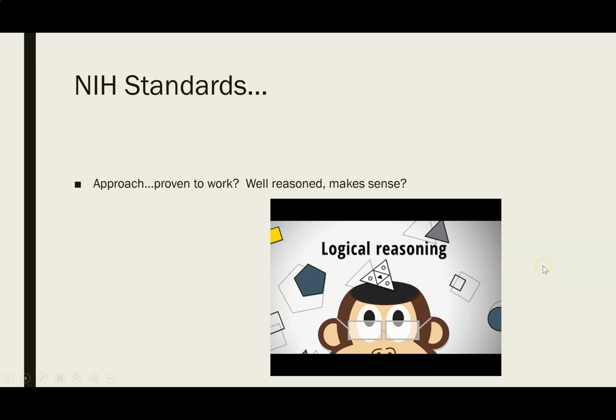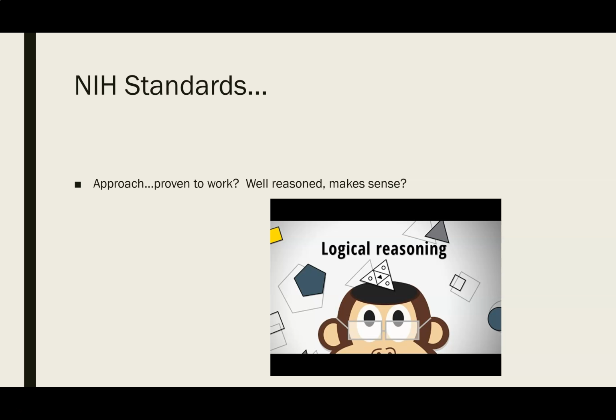The approach that they're looking for, while they want it to be innovative, they also want it to show that it's proven to work. Is it well reasoned? Does it make sense? So for example, one strategy that's proven to be effective is peer education. So if you're dealing with elderly people, you would train elders to train other elders. If you're dealing with college students, you would train college students to train other college students.